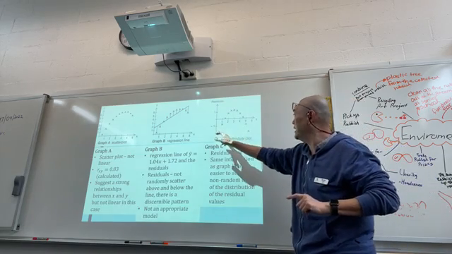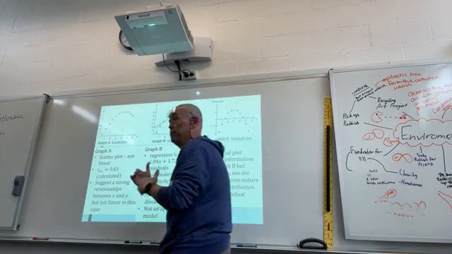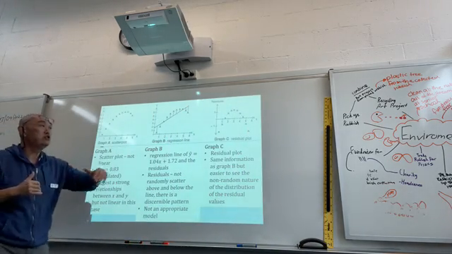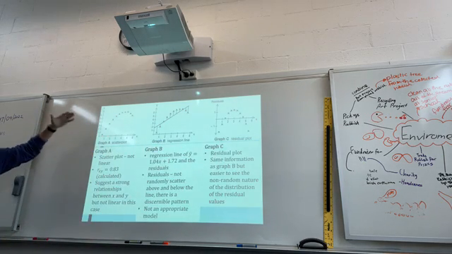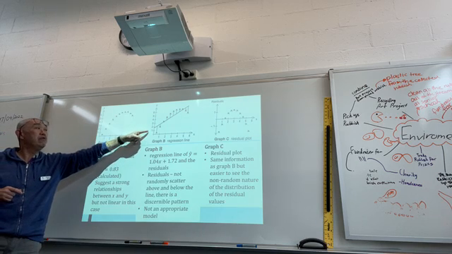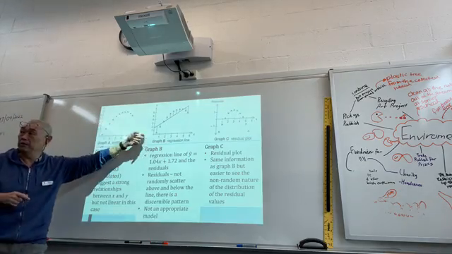The pattern is such that it looks like a parabola. It's not scattered. It's not random. All right? When the residual plot is not random, what I would say is this linear regression line is not representative of that set of data. It's not a good model.